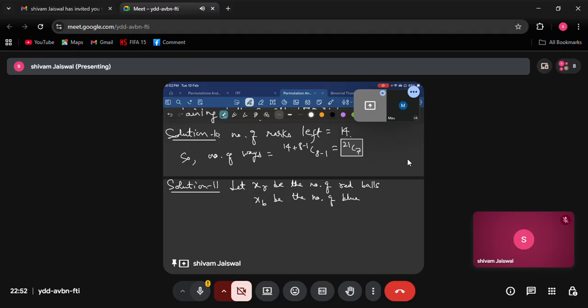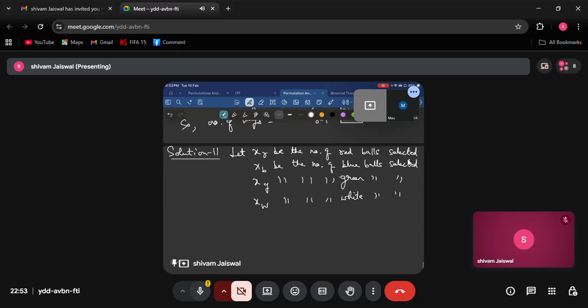Okay. Let us say you have selected X_G as the number of green balls and X_W is the number of white balls selected.